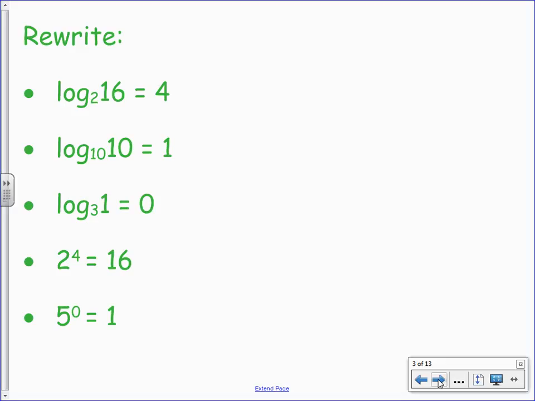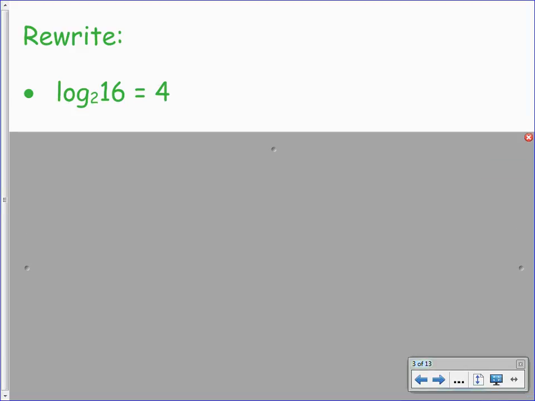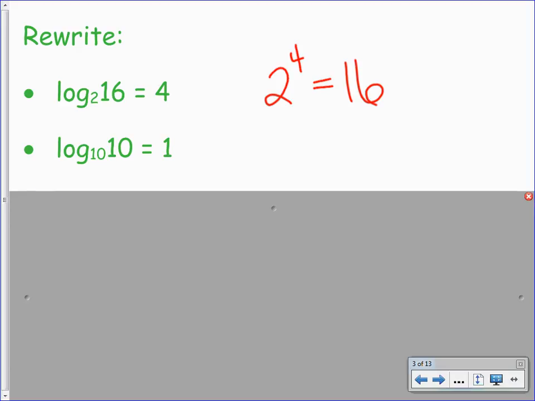Log base 2 of 16 equals 4. Because, how do we rewrite this? Base 2 raised to the 4th equals 16. 2 to the 4th equals 16. Log base 10 of 10 equals 1. Because, what's our base?